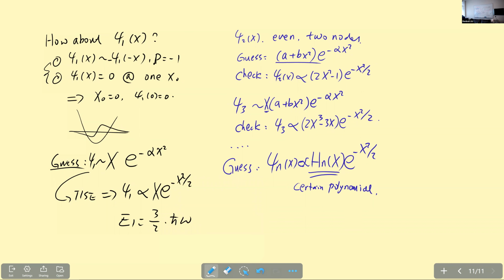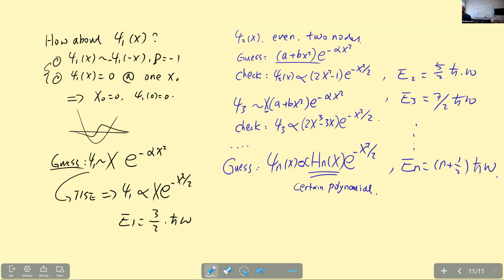And easily you can also check this energy, E2 equals 5/2 times h bar omega, and E3 is 7/2 h bar omega. Okay, so you can guess this one. We guess the energy will be just n plus 1/2 times h bar omega, right? So this is, of course, a guess. And then again, we can check this one.